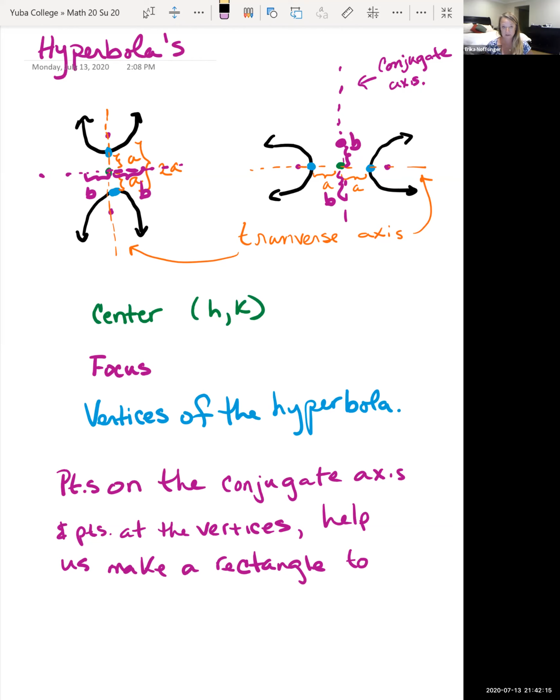There's two asymptotes that this is going to be following. So points of the conjugate axis and points on the vertices help us make a rectangle.